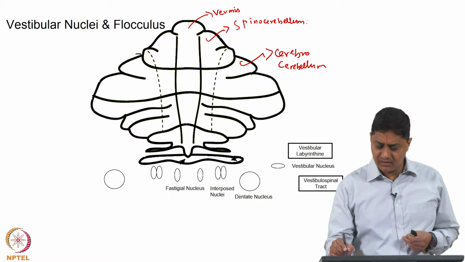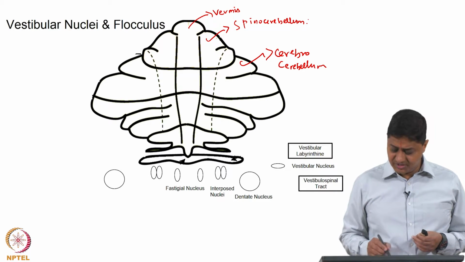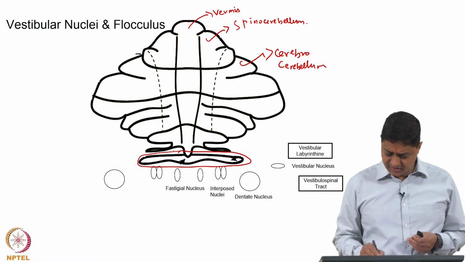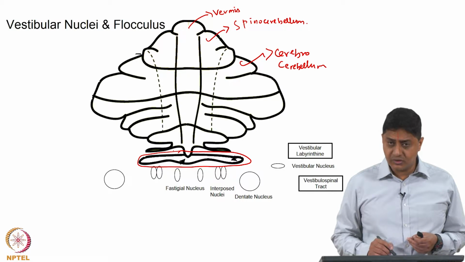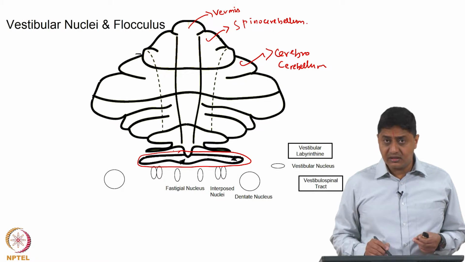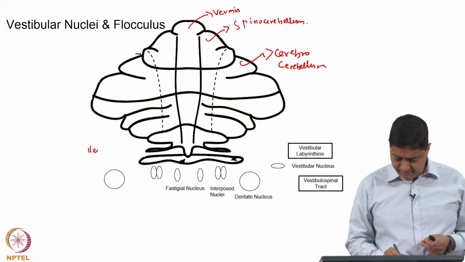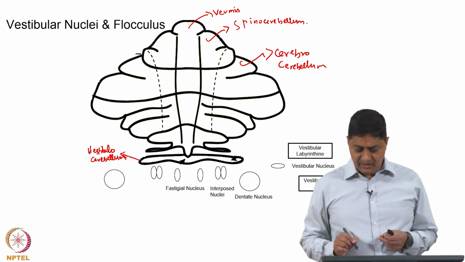Then where is the vestibular cerebellum? This is called the flocculonodular lobe, and that is also called the vestibular cerebellum. So, that is the vestibular cerebellum.